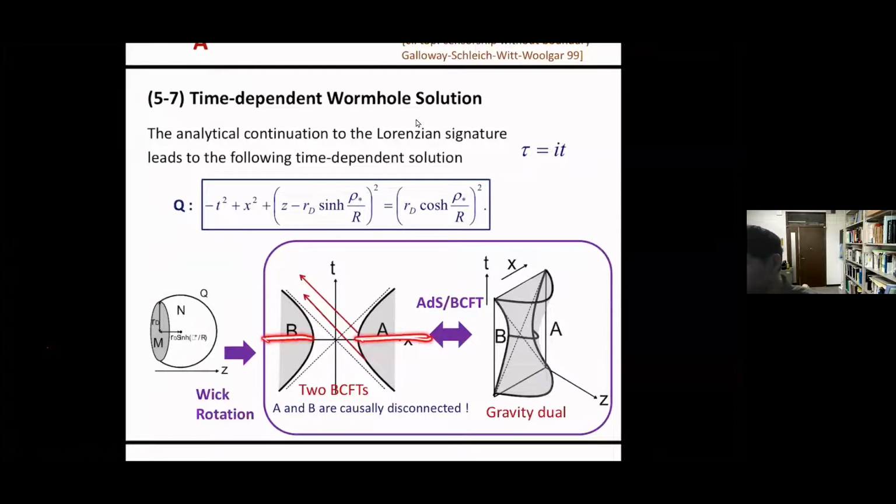They are entangled with each other, but there is no causal contact, no interaction between A and B. They are causally disconnected, because if you send a signal from some part of B, it's always outside the light cone of A. So there is no causal connection, but there is quantum entanglement. Because of quantum entanglement, the geometry is connected this way.